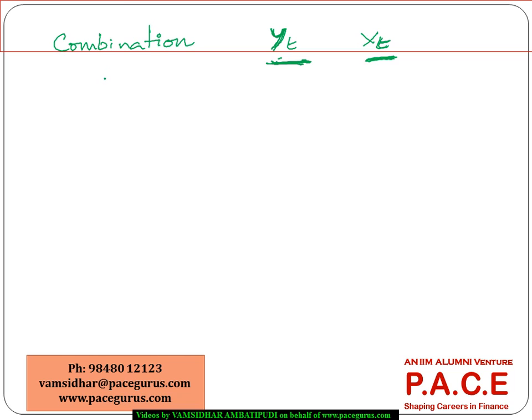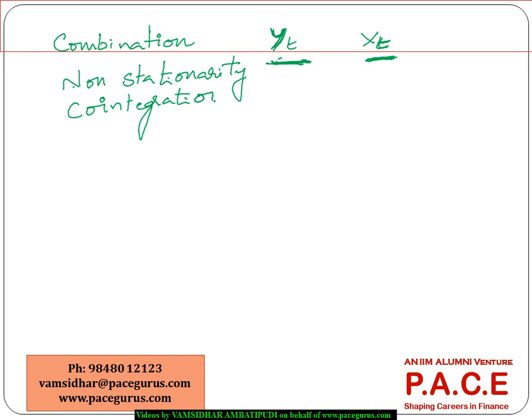Whenever we are working with two different time series data, the two major things that we have to look out for is the stationarity, or check out for the non-stationarity behavior in both of them, and also check out for what we call as co-integration behavior. Especially when I am talking about two variables together, I have to check out for these two different aspects. Are both of them non-stationary, or both of them are stationary, or only the dependent variable is stationary, or only the independent variable is stationary?